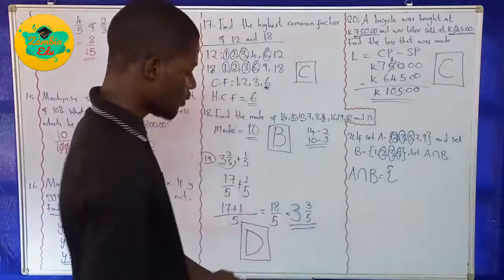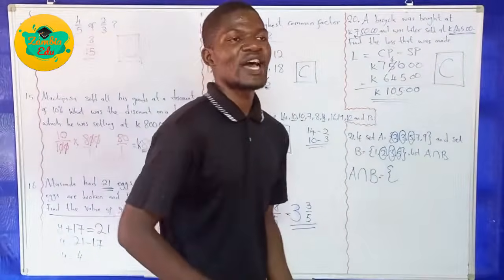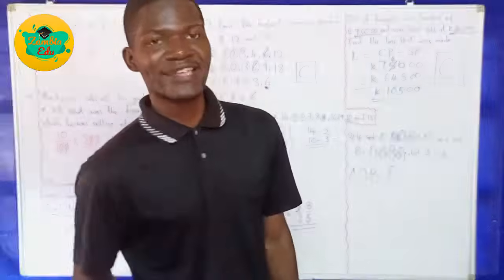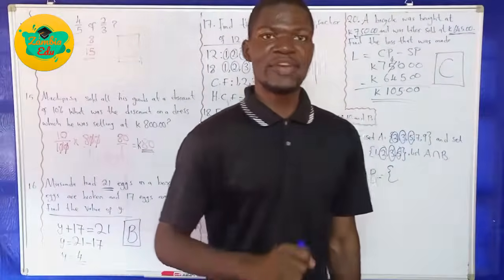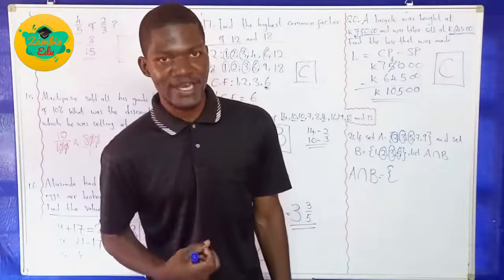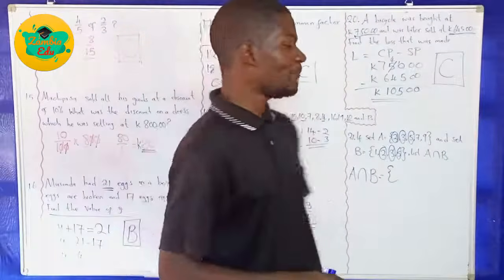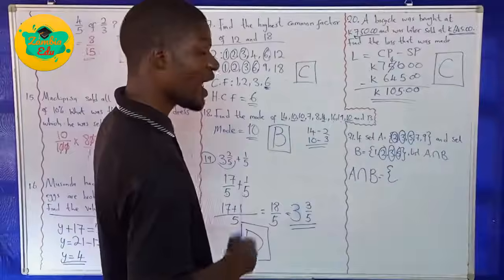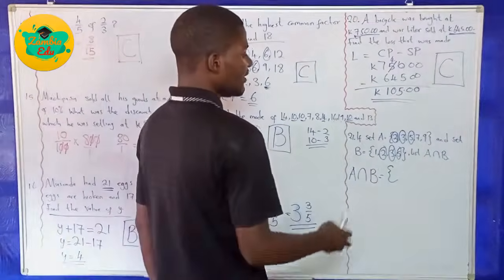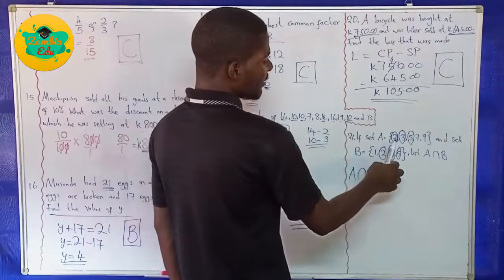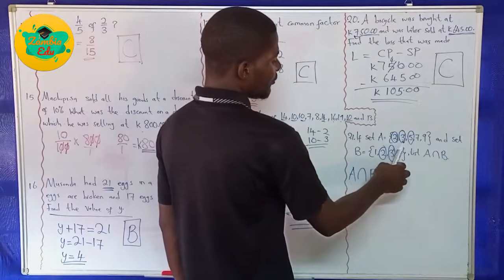Why are we circling what is common? Because an intersection set is a set which represents those elements that appear in both sets. The elements that are appearing in set B and the elements that are appearing in set A. So the listed elements appearing in both is 2, 3, and 5.